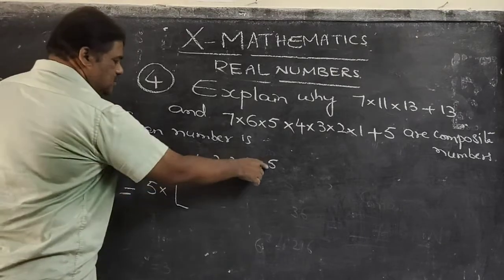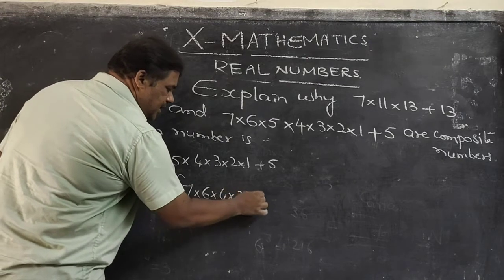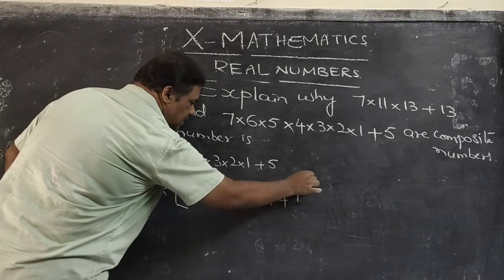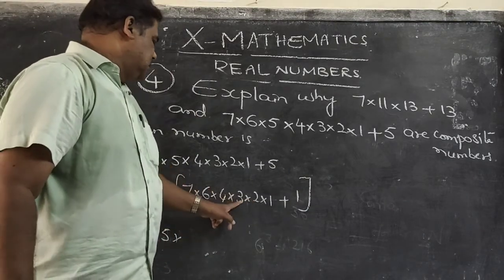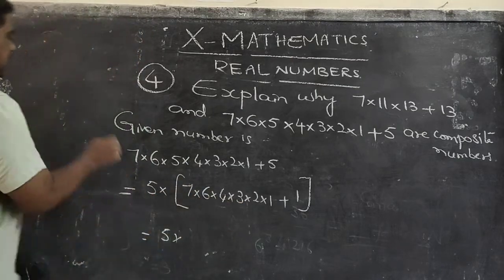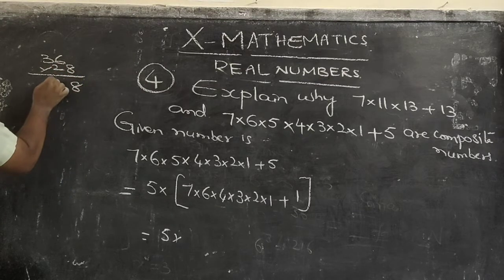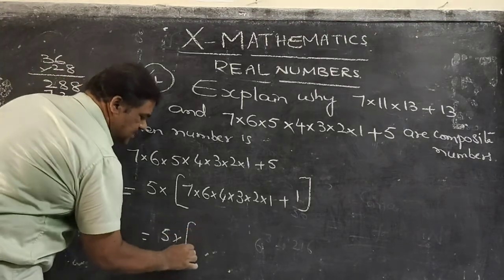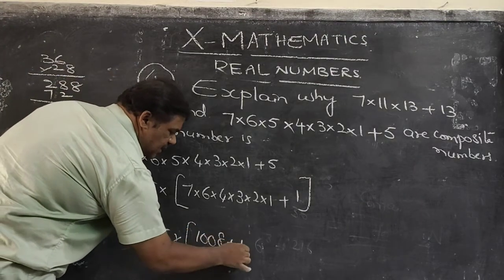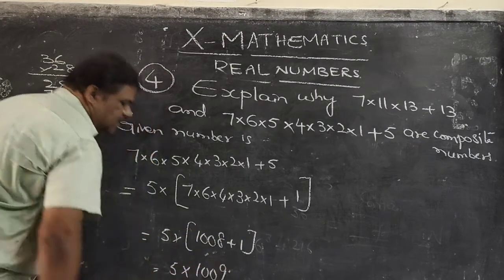So if you take 5 outside, inside we will get 7 into 6 into 4 into 3 into 2 into 1 plus 1 here. 1008 plus 1 here. 1008 plus 1 is 1009.